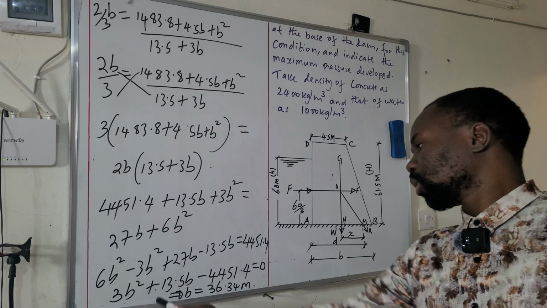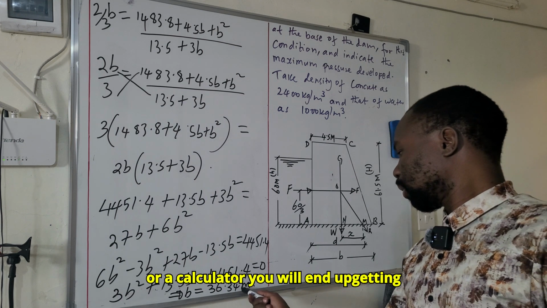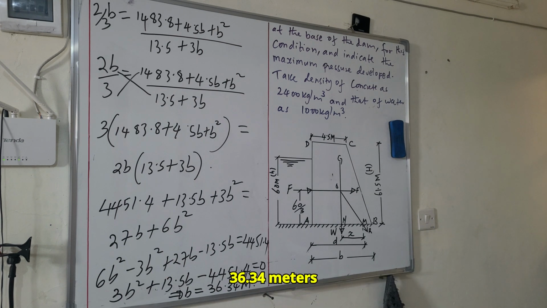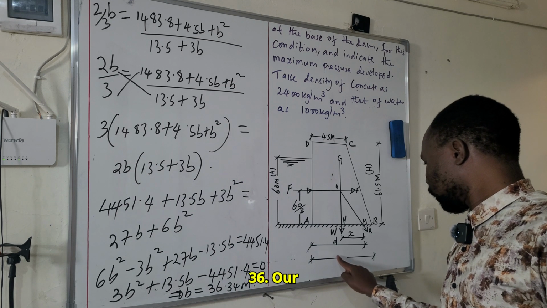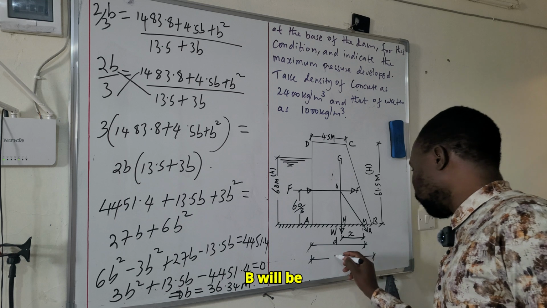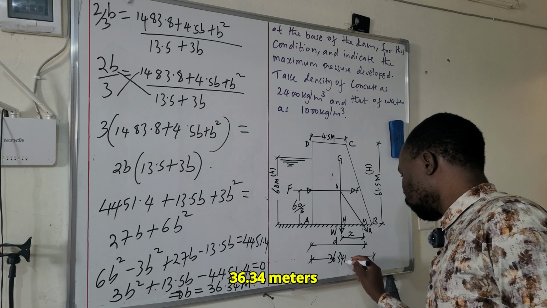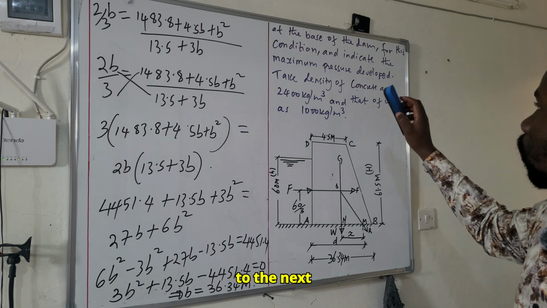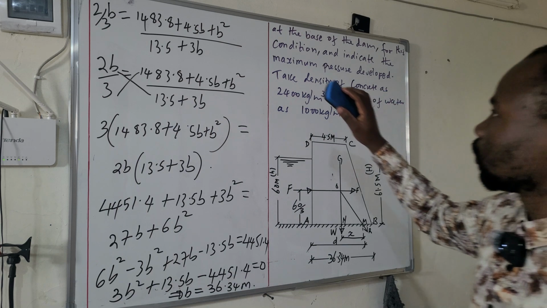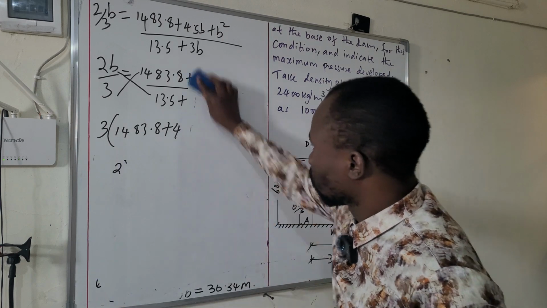So if you solve this using a quadratic formula or a calculator, you will end up getting 36.34 meters, and that is our B. So our B will be 36.34 meters, like that. So let's proceed to the next question.